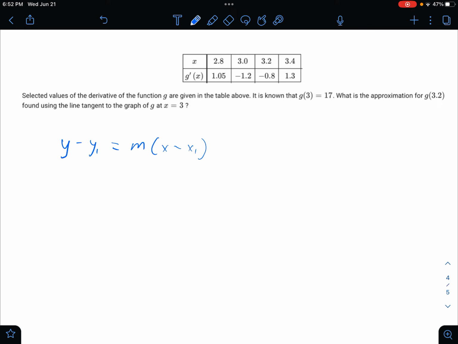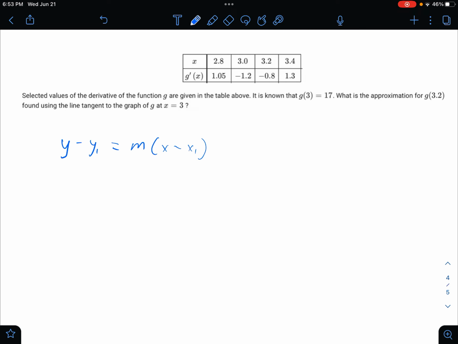For a tangent line, the m in this case would be the derivative of the function at 3. And the reason we're using 3 is that it tells us it's using the tangent line to the graph of g at x equals 3. So we're using 3 to help us approximate 3.2.